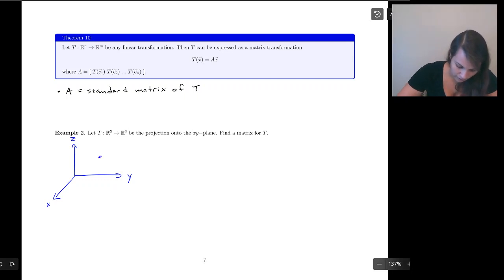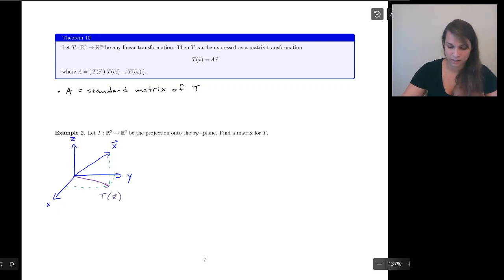If we have a vector, then we could say that it is being projected down to the xy plane like this. So then that would be the projection. So we would put in this vector x, and we would get out T of x down here on the xy plane.